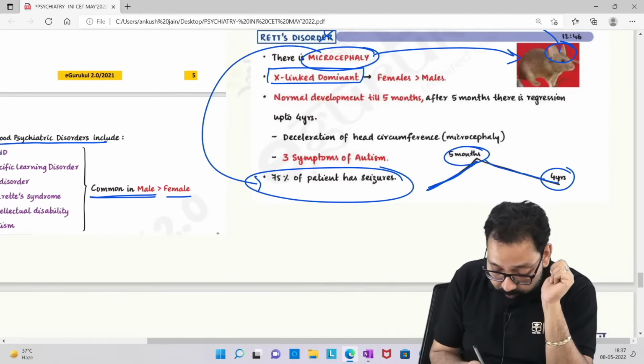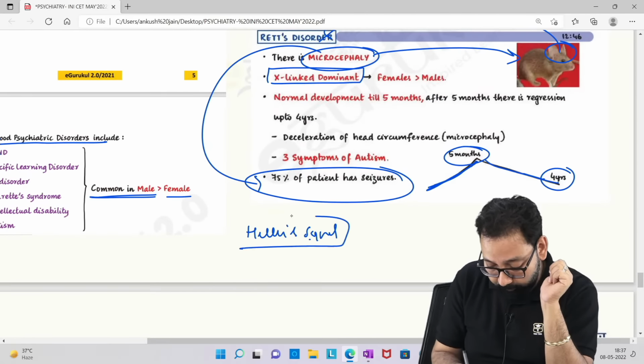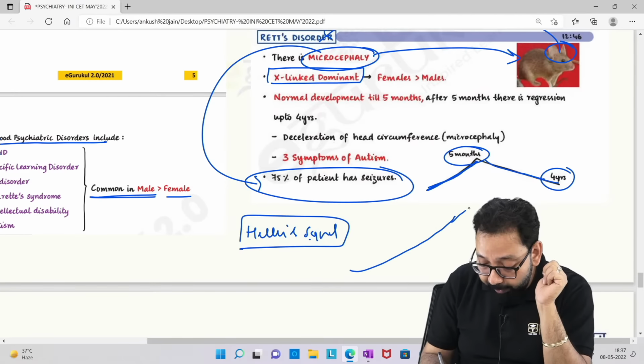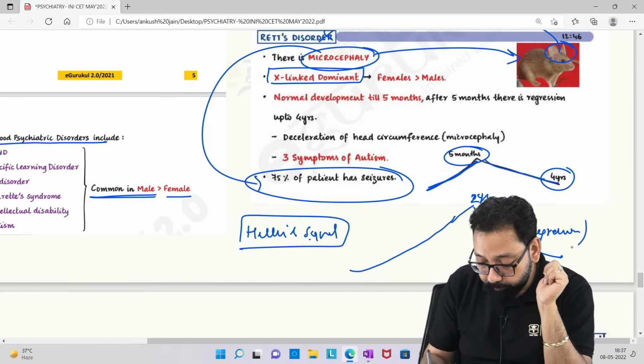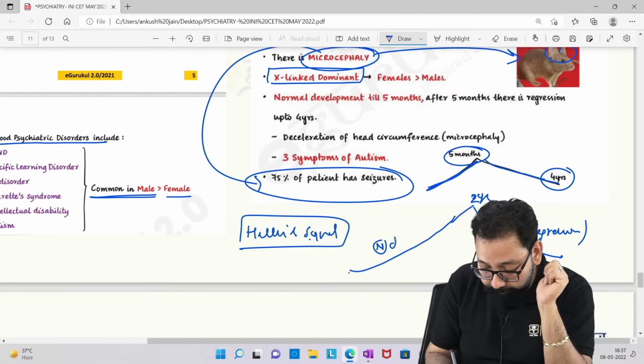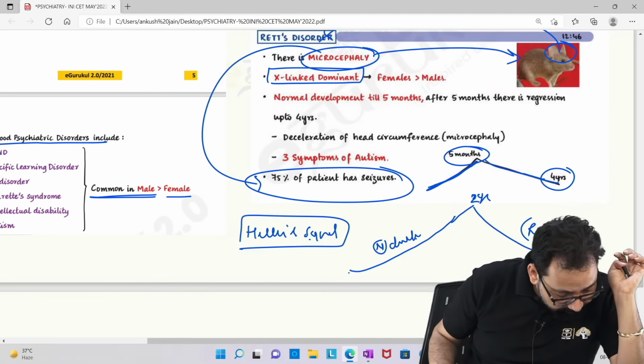In Heller syndrome, normal development up to 2 years, then regression.